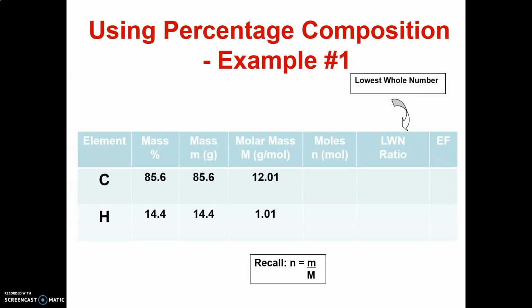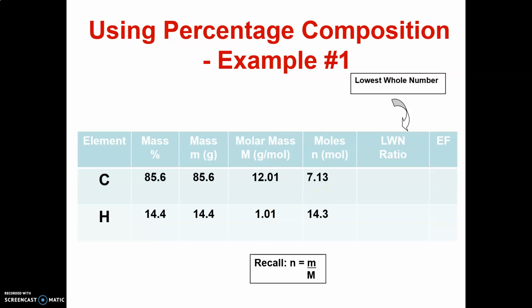Here you have the mass of carbon in percentages, simply 85.6. And here the mass of hydrogen is, of course, in percentage 14.4. So directly we have made the percentage into grams, as we can see. So carbon mass is 85.6, hydrogen is 14.4, and the molar mass of carbon is 12. The molar mass of hydrogen is 1.